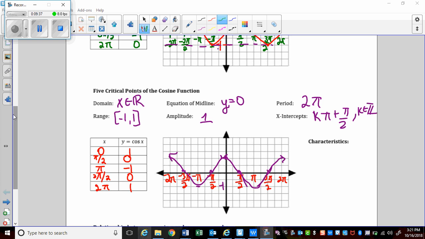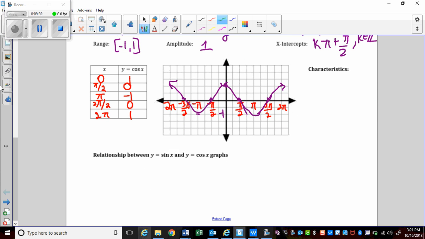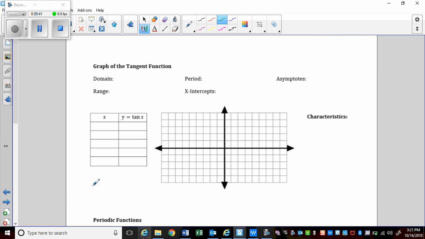So let's go on to tangent. Tangent is going to be a little bit different, and I'm going to explain why. Remember, tangent is sine over cosine. And at these points, you know that this point is at 1, 0.